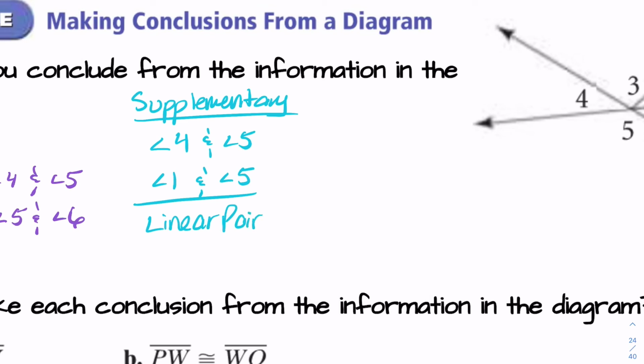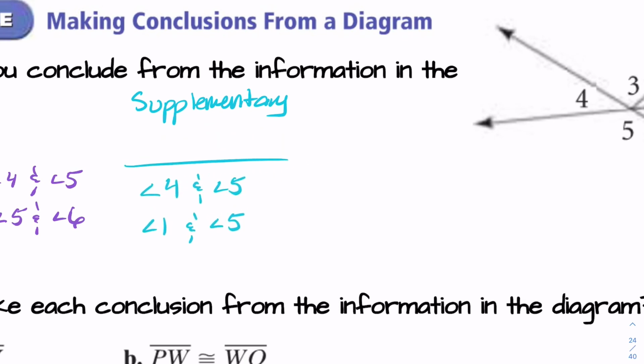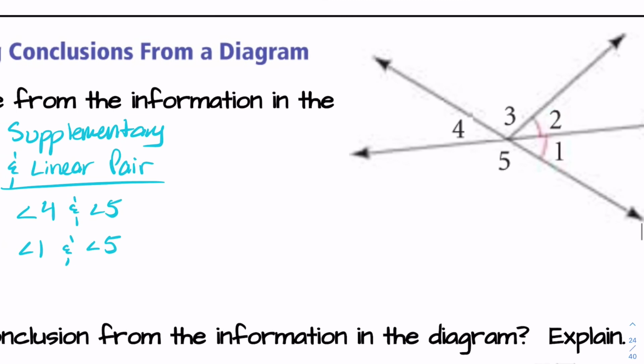So let me erase that. Let me put this above it. So supplementary, and linear pair. So those are supplementary and a linear pair. Okay. 1 and 5 are a linear pair, 4 and 5 are a linear pair. Remember, they're supplementary and have to be adjacent.